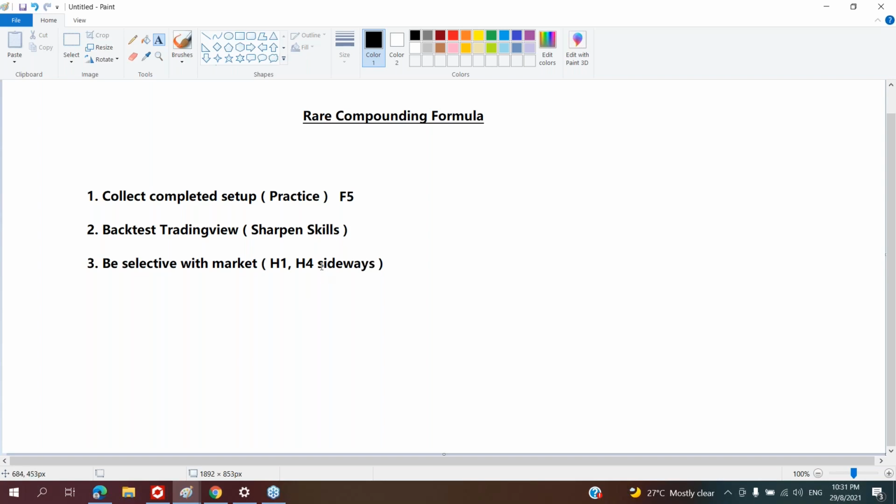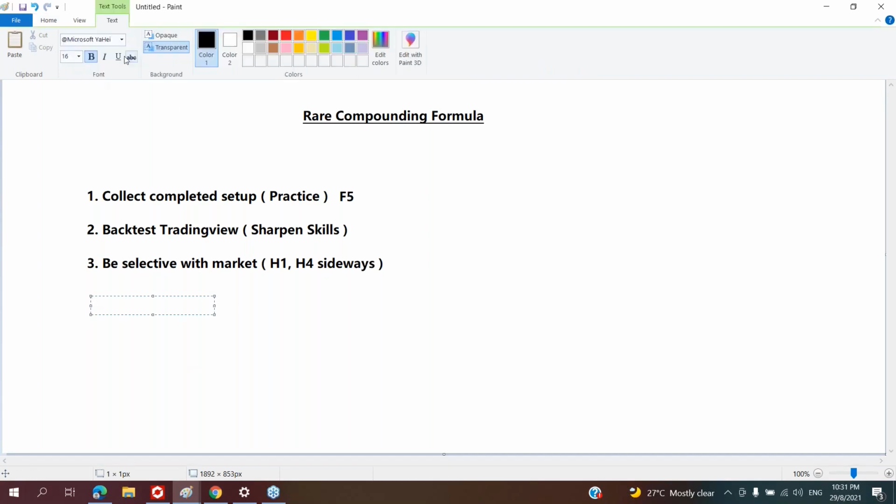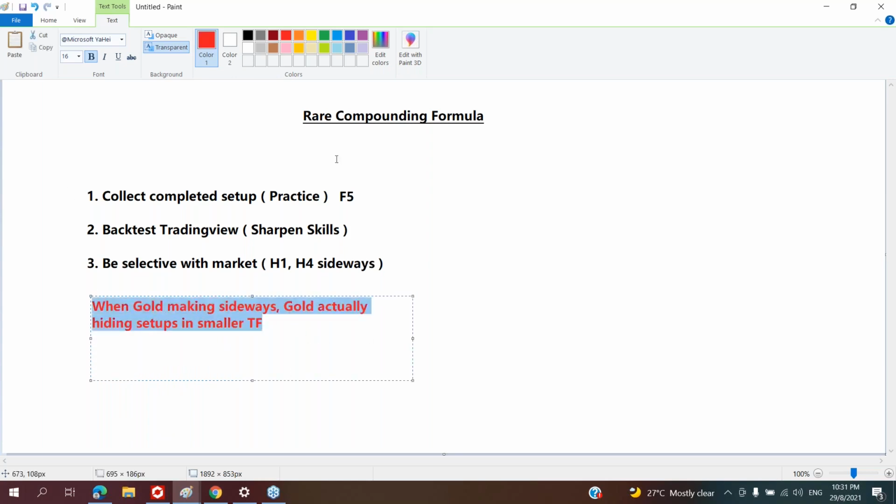I mean gold, because when gold is making sideways in H1, H4, gold is actually hiding setups in smaller time frames such as M5, maybe M1.